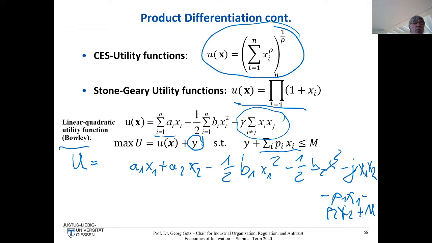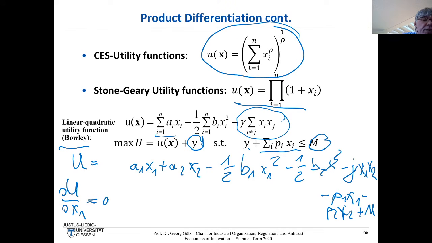Now we can directly solve for the utility maximum just by taking the derivative with respect to x1. Of course, when doing the substitution in the utility function for y, we always have to guarantee that y is non-negative. But if M is high enough, it's always non-negative. That's what we always assume.